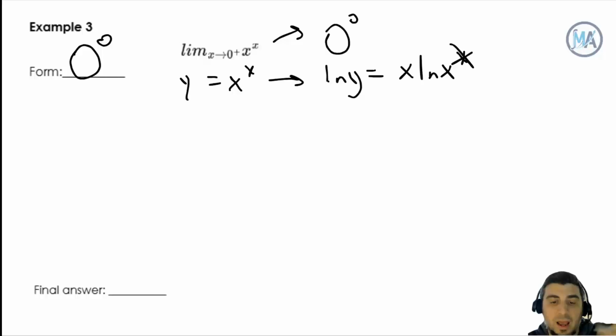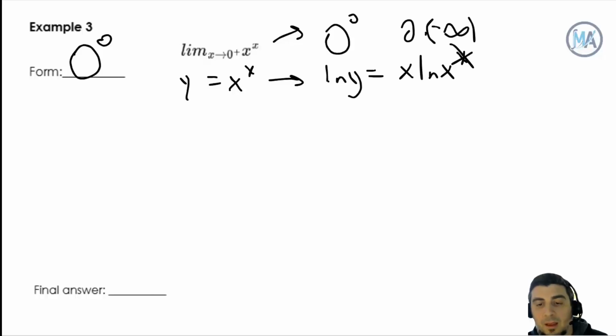Now, if you let x approach 0, you would have 0 times negative infinity, which is an indeterminate form that's a product, and we already know how to handle these. You multiply by the reciprocal. So we would rewrite this as natural log x over 1 over x.